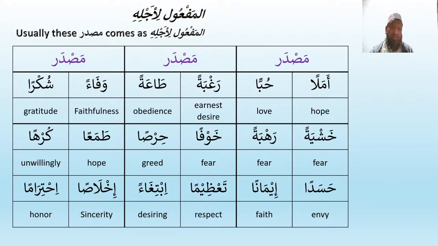Hirsan, greed. Tama'an, hope. Kurhan, unwillingly. Hasadan, envy. Imanan, faith. Ta'ziman, respect. Ibtigha'an, desiring; we see this word in the Quran. Ikhlasan, sincerity. And ihtiraman, honor. So next time we see any of these masdars in the sentence, we'll know it is al-maf'ul li-ajlih.